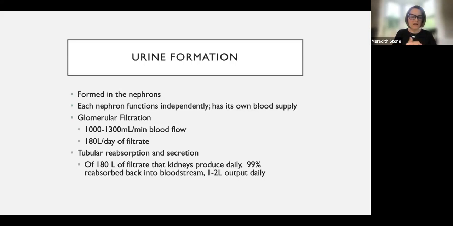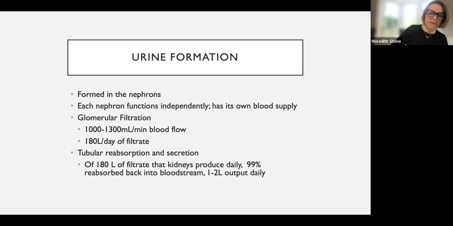Now, this is kind of just giving you some numbers, right? I don't need you to memorize these numbers, but just understanding that 1,300 milliliters per minute of blood flow coming through, that is what the nephrons are filtering, and 180 liters of filtrate per day that it's creating. But we don't urinate 180 liters a day, right?